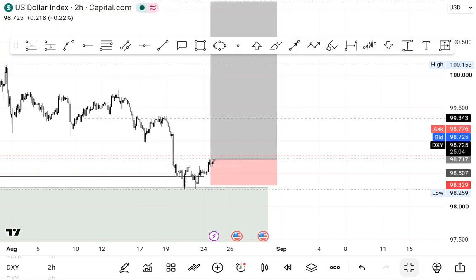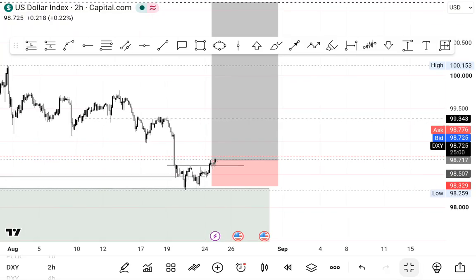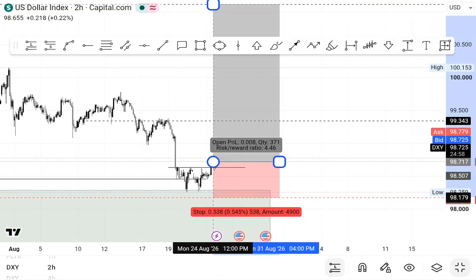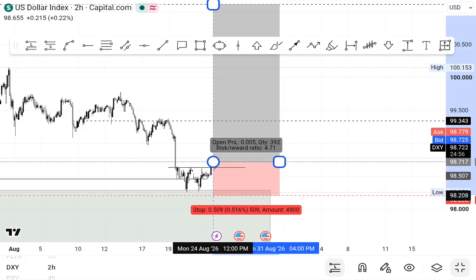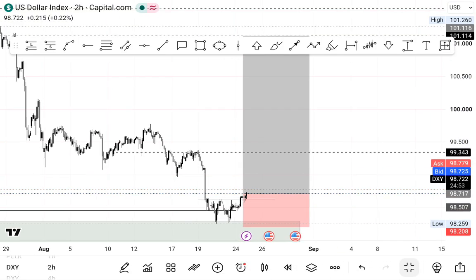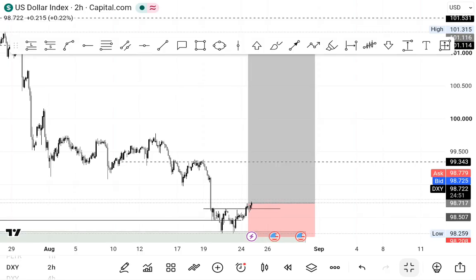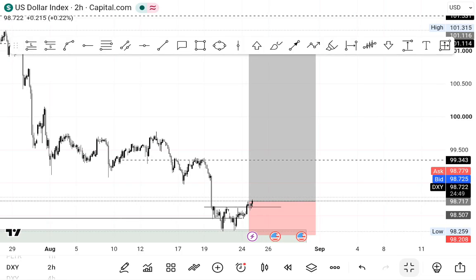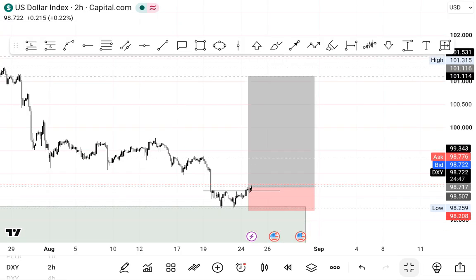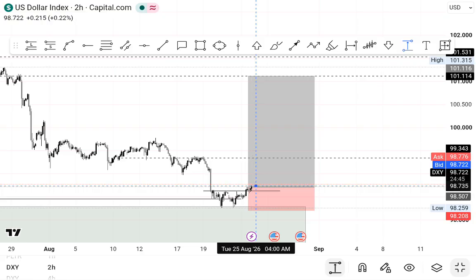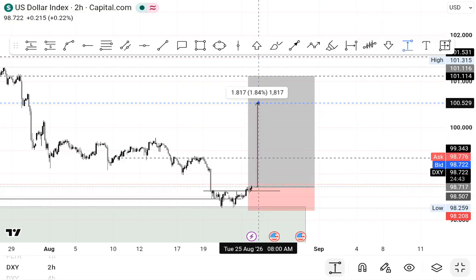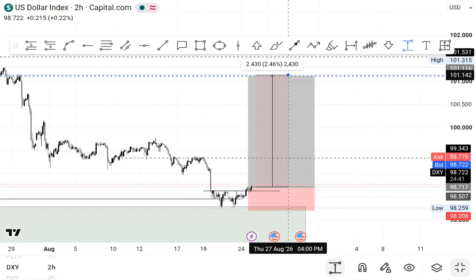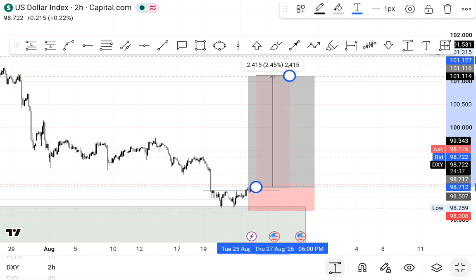So here now, the reason why I'm looking for them to continue pushing here, if you look at this, even if you put our SL 2 or 3 pips here, still okay. If you look at this, man, this is a big push. It's even enough for this week. This is like 2.45%, right?